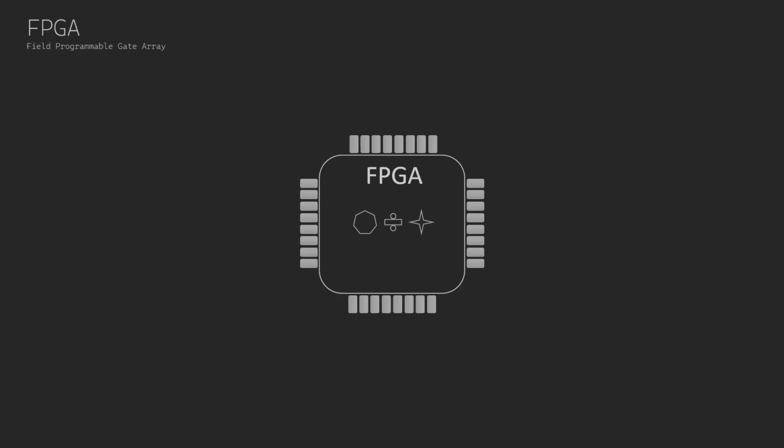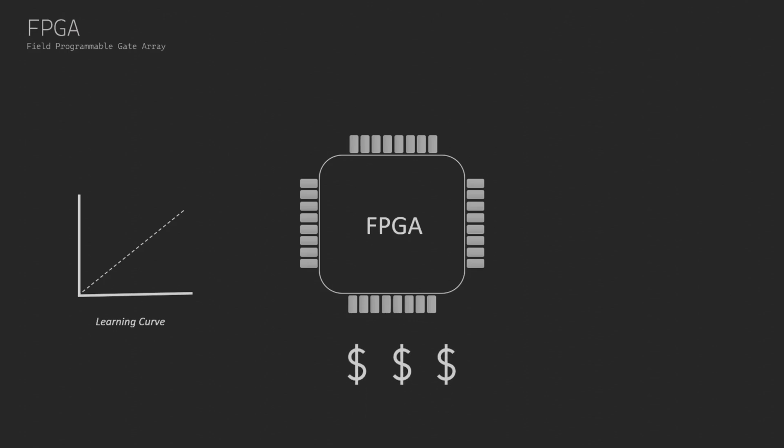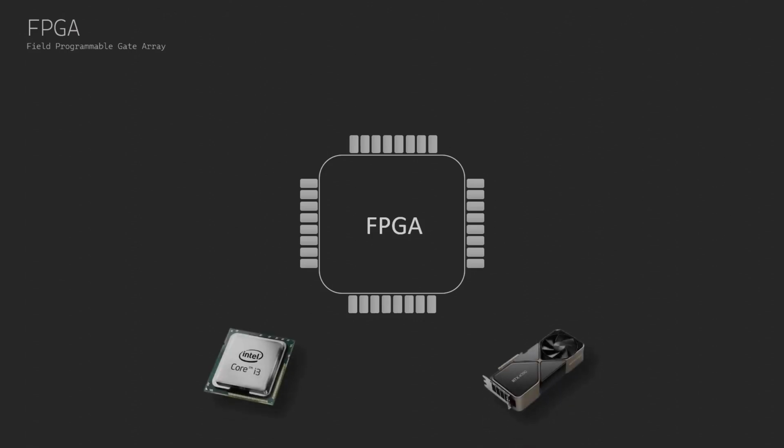But there are limitations. The learning curve is steeper compared to programming an MCU or any processor. And also FPGA dev boards are 2 to 3 times costlier relative to MCU dev boards. And also, we cannot do everything with an FPGA, like building an Intel i3 processor or a GPU on a single FPGA, because it will not have that many resources available to fit these modern processor designs.